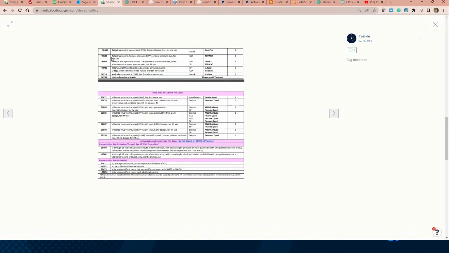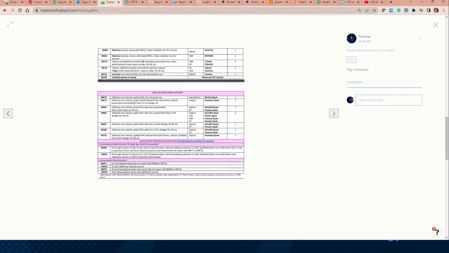My internet is just really slow when I'm streaming. So over here on the left, it has the CPT code. And then way over here on the right has how many components it has in it. The column really next to it has the manufacturer's name of what that CPT code is called. Sometimes it's helpful to have that.